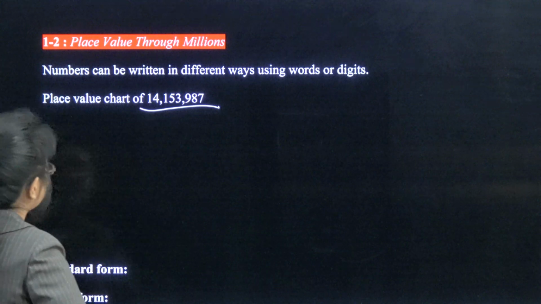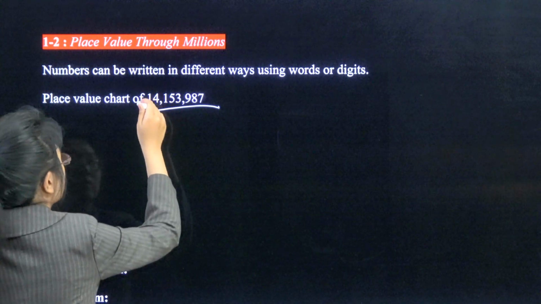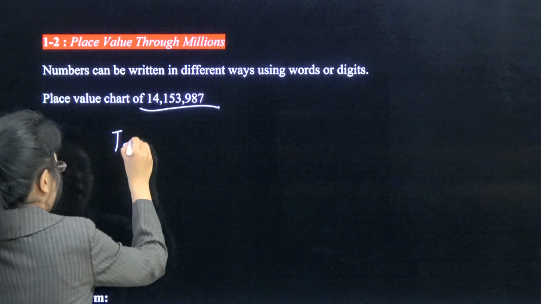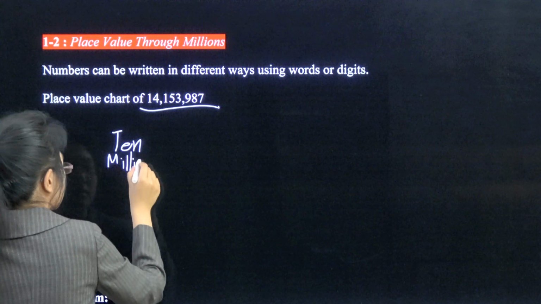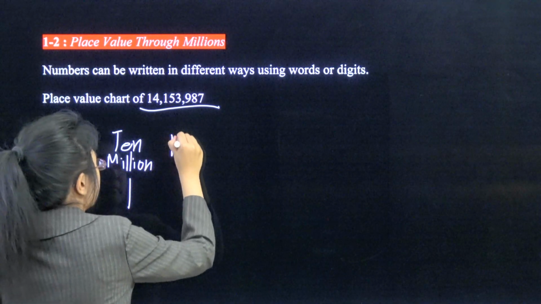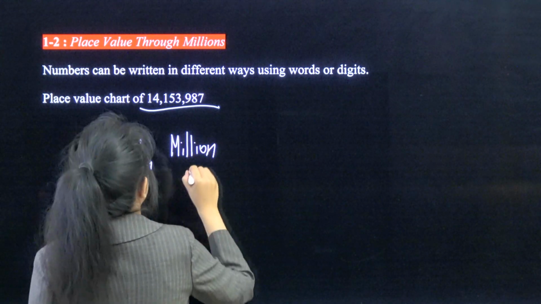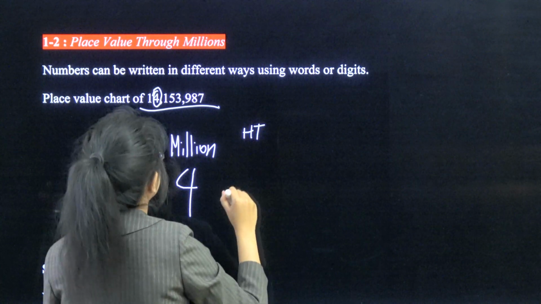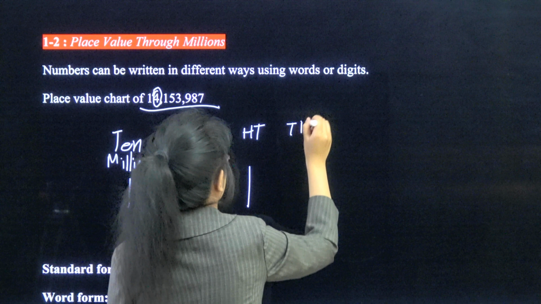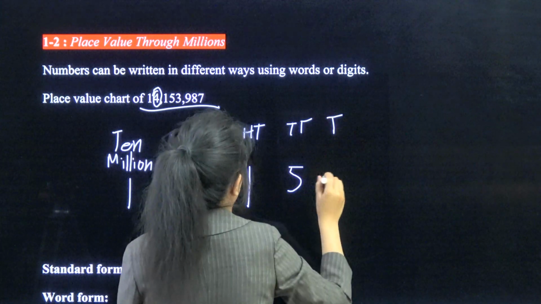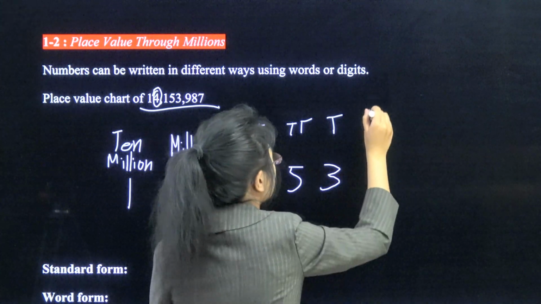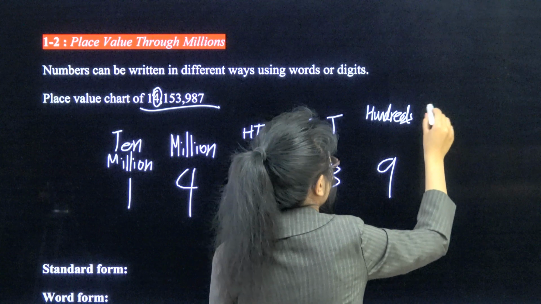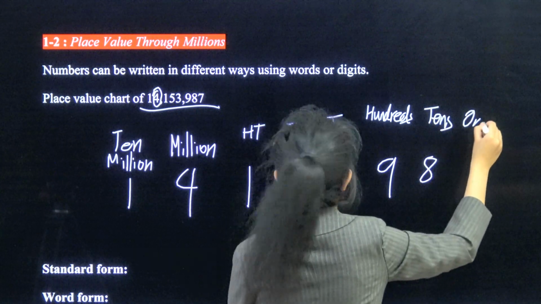Well, it looks like there's million, 10 million, but there's no 100 million, so we're just going to forget about that. 10 million, there's 1 million, there's 4 in the million place, then there's 100,000, which I'm just going to put as HT because it's a little long to write out here, 10,000, which is 5, normal thousands, 300s, 9 10s, 8, and 1s, 7.